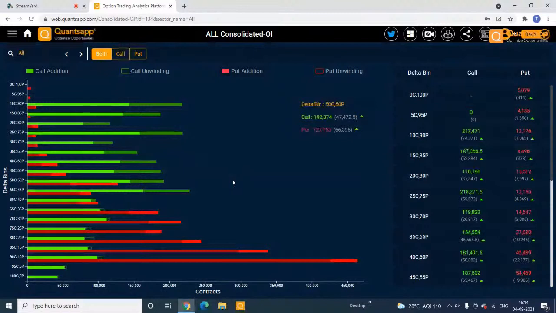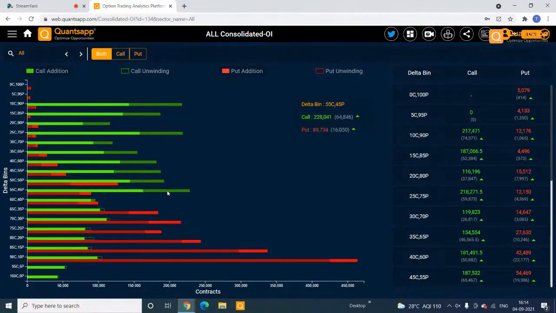The first thing we see in this picture is an addition across the calls and an addition across the puts. In the out of the money calls, we are seeing good addition happening. The highest call open interest is at 55 delta, followed by 25 delta and then 10 delta.